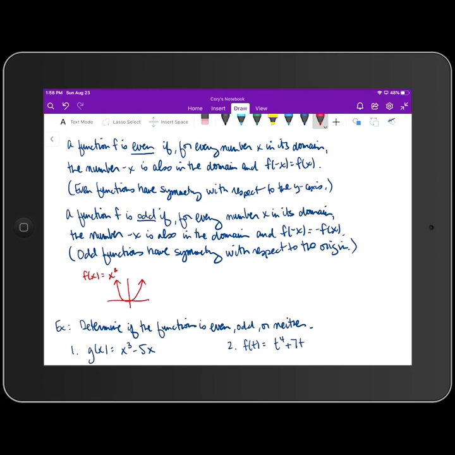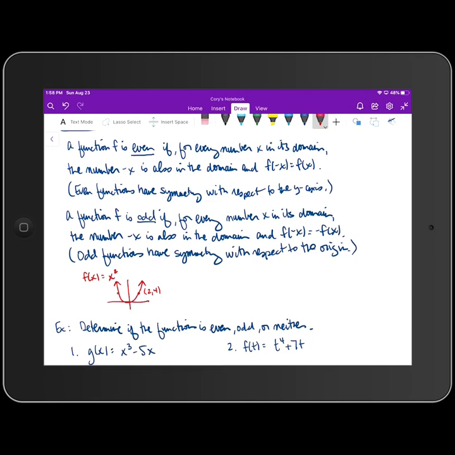Now if you took some point on that graph in quadrant 1, let's say the ordered pair (2, 4), and we take the opposite of the input value, -2, when I input -2 into that function, it also gives me an output of 4. So the points (2, 4) and (-2, 4) are going to be on the graph of that function.